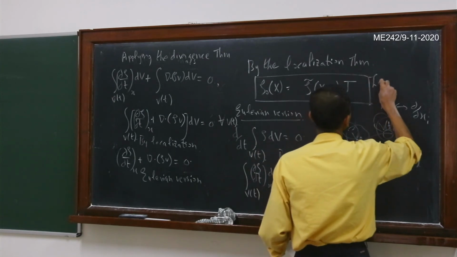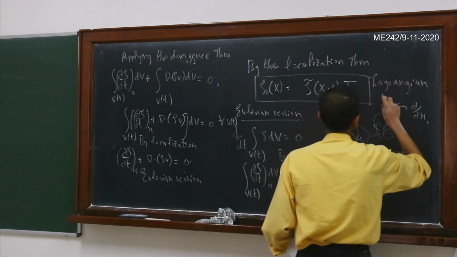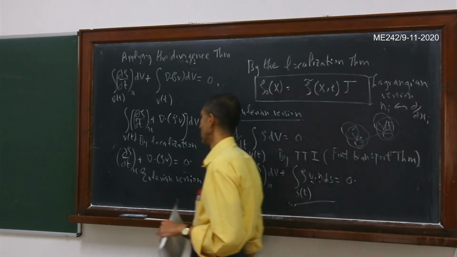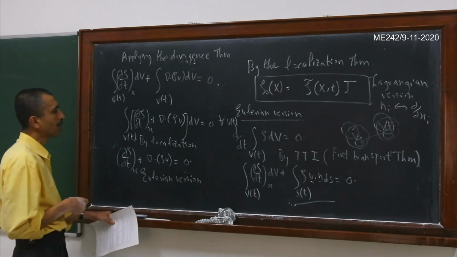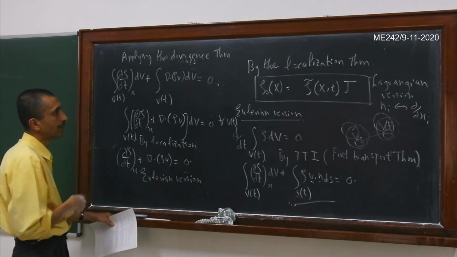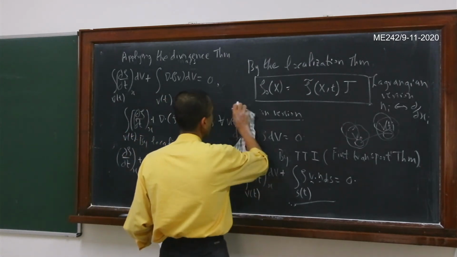So let me write it here: this is the Lagrangian version of mass conservation, and this is the Eulerian version. You can go back and forth between these two versions, and I will indicate at a slightly later stage how to go from one to the other.